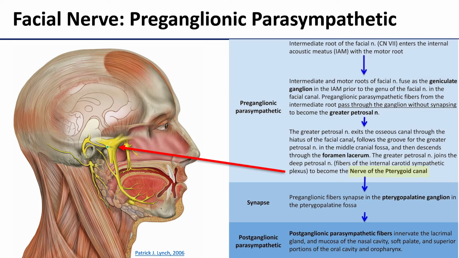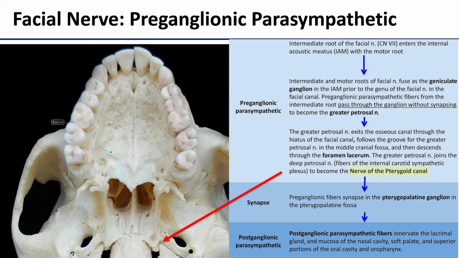So that nerve is going to move anteriorly into something known as the pterygoid canal. You can see the opening of that there, the osseous opening. And all of those autonomic fibers are heading toward the pterygopalatine ganglion in the pterygopalatine fossa.